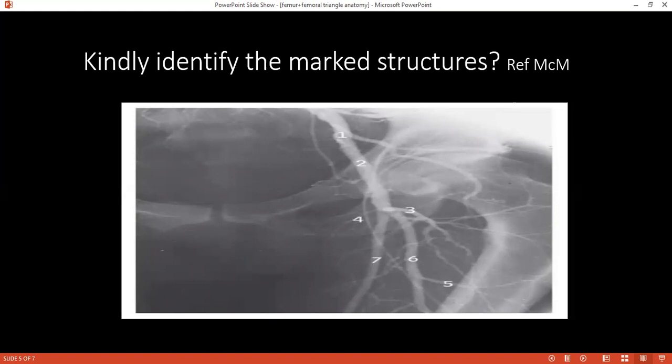Okay. Can you please tell me, if a person gets injury of the sciatic nerve, how would the patient present? What would be the clinical features?